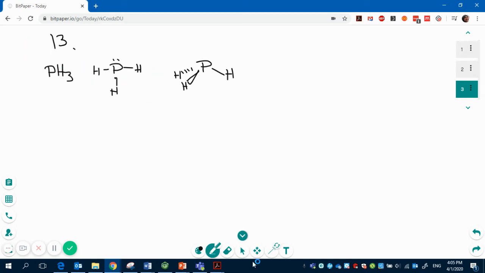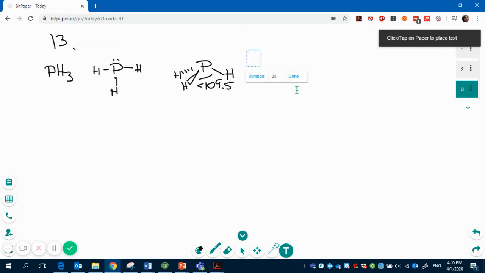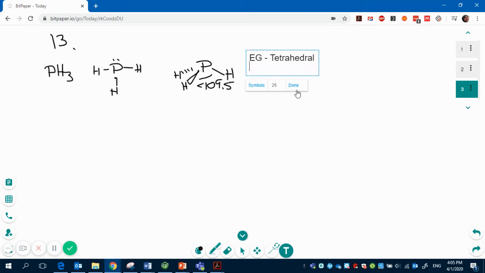And the bond angle here, we don't know what it's going to be, but we know that the angle is going to be less than 109.5. And so the electron group geometry is tetrahedral, and the molecular geometry is going to be trigonal pyramidal.